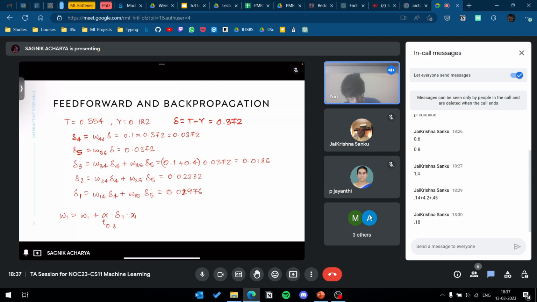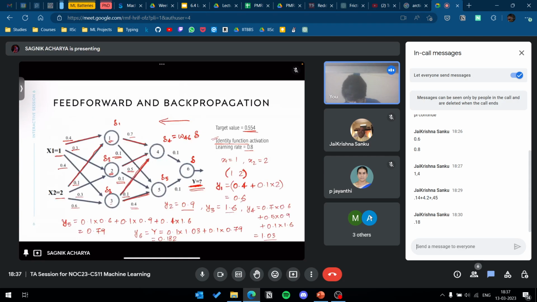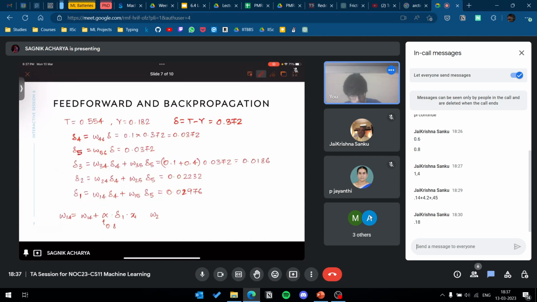So you can place these values and find each of the weights, right? By w1 I mean the weight between x1 and 1, right? So I'll just make that clear. So w x1 1 is equal to the previous value plus alpha times delta 1 times x1, right?